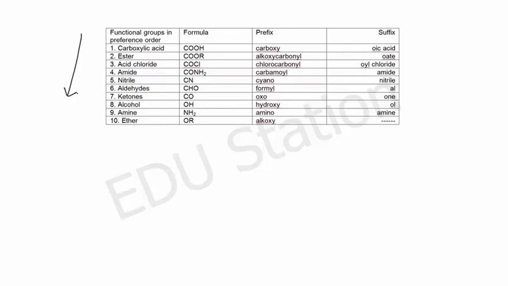Benzene is C6H6. It has 6 carbons, and each carbon is attached to a hydrogen atom. Now if you observe, each carbon is going to have 3 bonds.